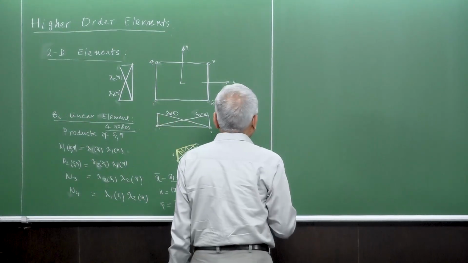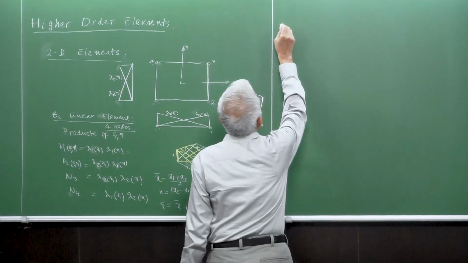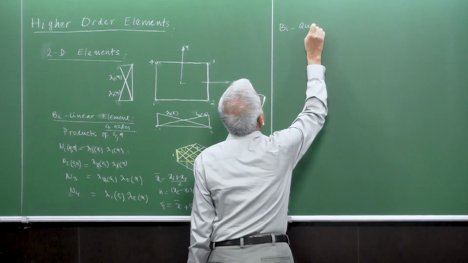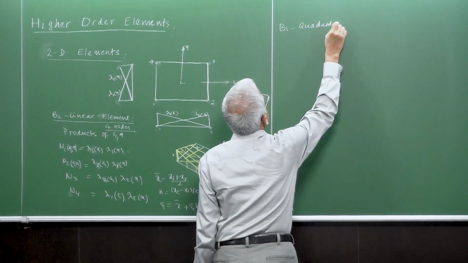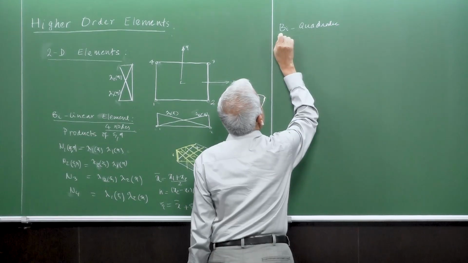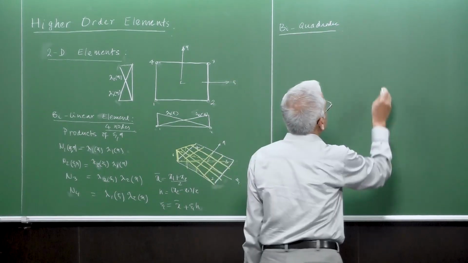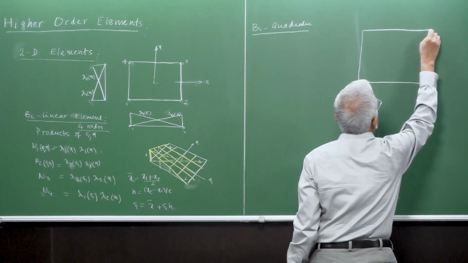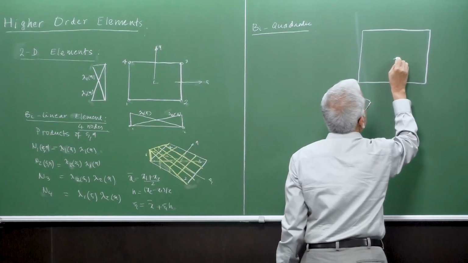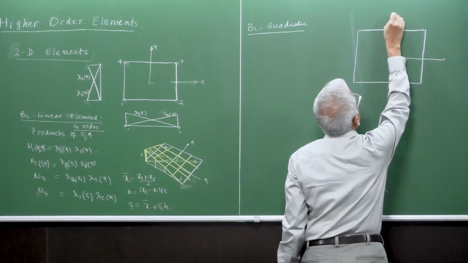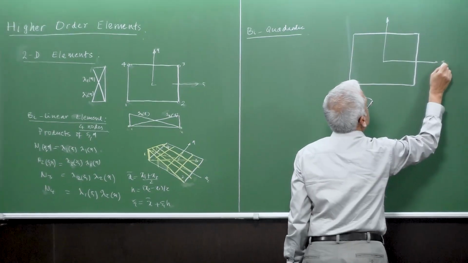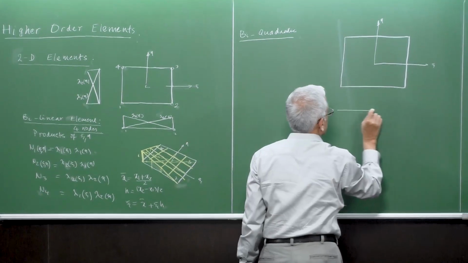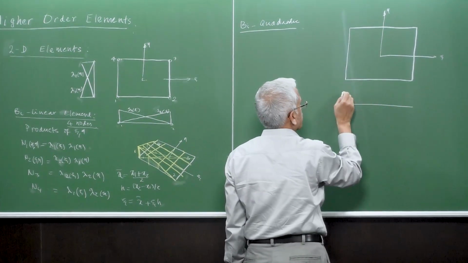Quadratic on both sides, so it's called biquadratic. So here 3 in the x direction or y direction.